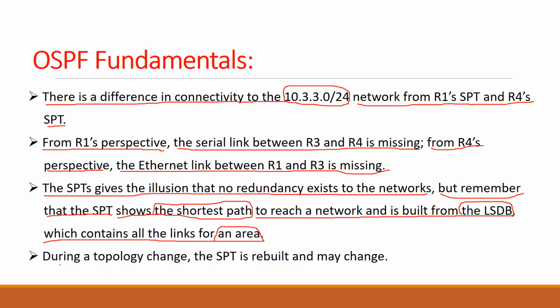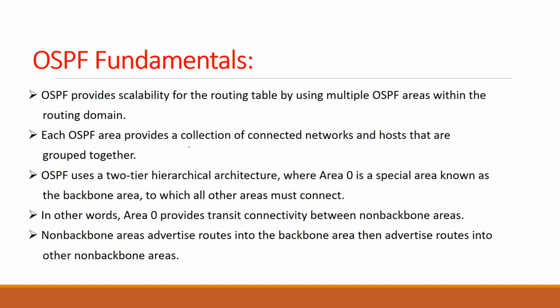During a topology change, the shortest path first tree is rebuilt and may change. So, OSPF provides scalability for the routing table by using multiple OSPF areas within the routing domain.